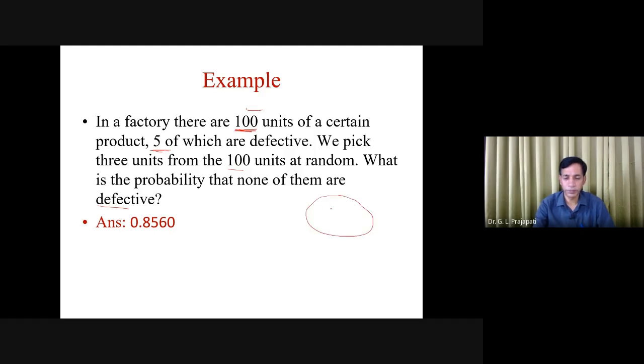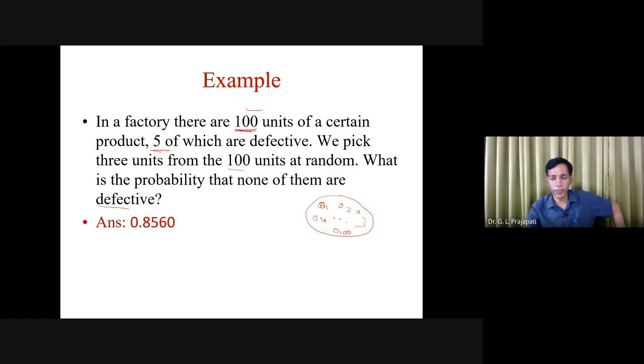Say for example, you have O1, O2, O3, O4, up to ON, so you can say 100 units, 5 of which are defective.